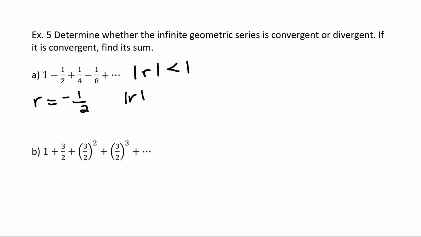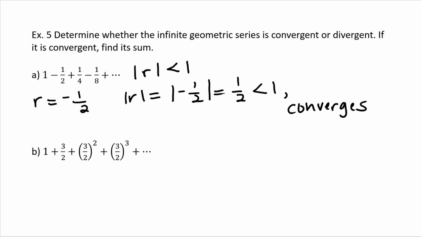The absolute value of the common ratio is the absolute value of negative 1/2, which is 1/2, and guess what? That's less than 1. So we can say that the geometric series represented for part A converges. Let's look at B. 1 plus 3/2 plus 3/2 squared plus 3/2 cubed.